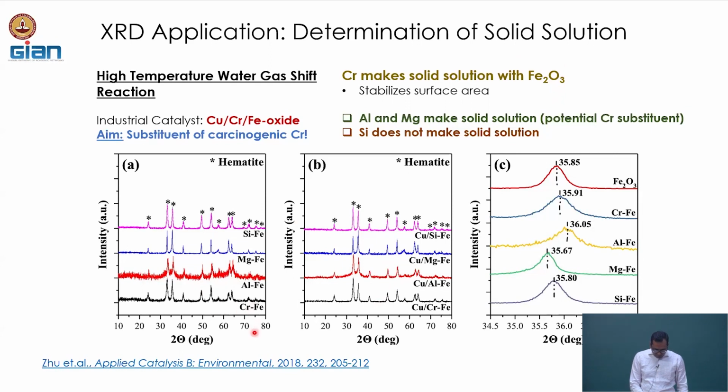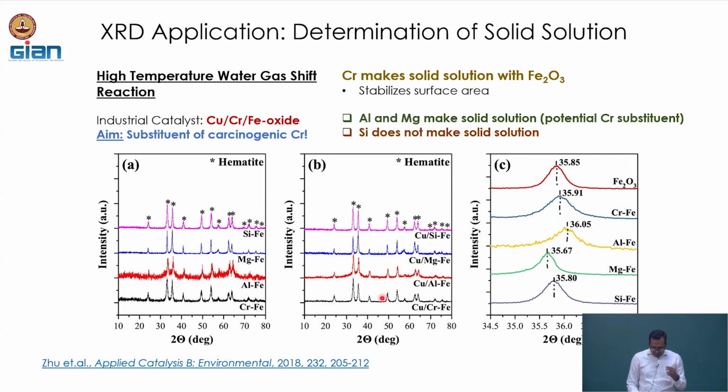On the left hand side we have the chromium iron, which is of course the base material for us, because that is the industrial catalyst, and then substituting chromium we have aluminum iron, magnesium iron and silicon iron. Then in plot B we have copper added as a promoter.